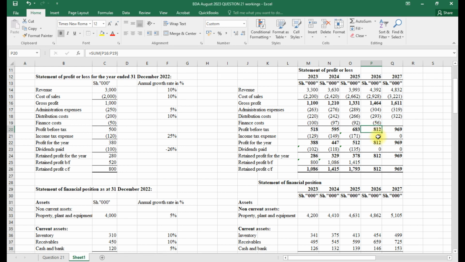Already have gotten this. So our dividend income tax, we take this and multiply by the rate. So here you can include, okay, I include a negative sign here, that way. So here we'll put equals negative.